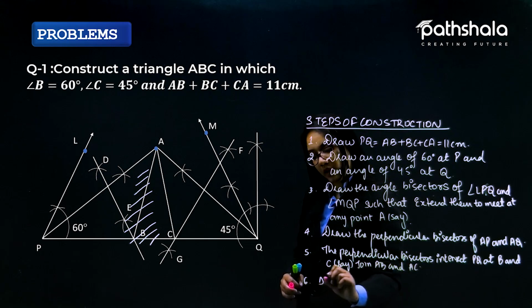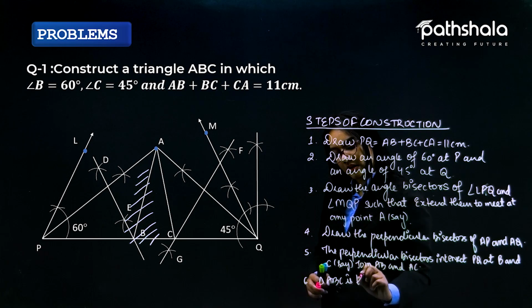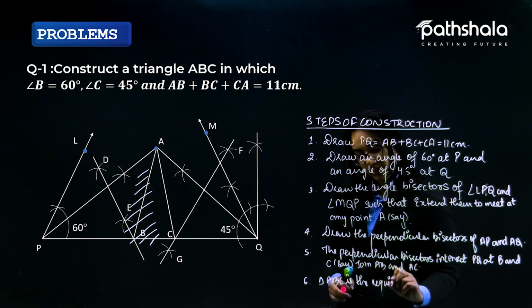And the sixth point: triangle ABC is the required triangle.